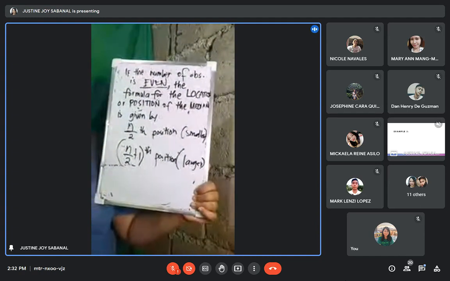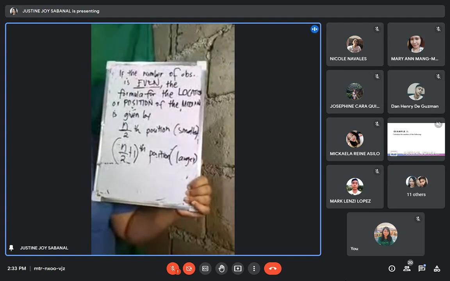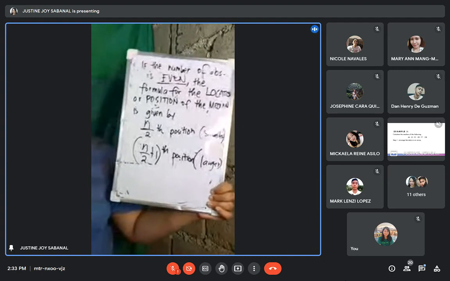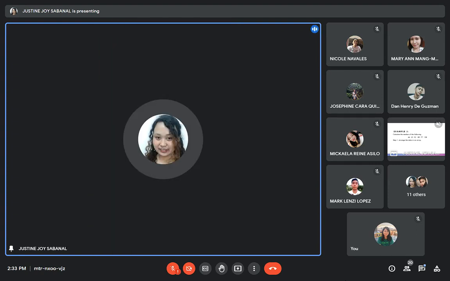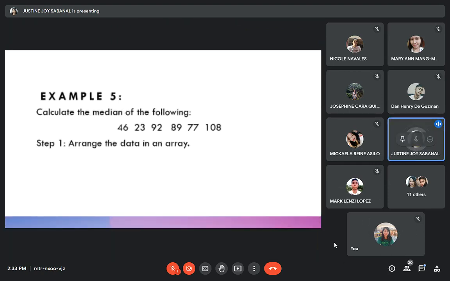Ngayon, dito sa ating example, we have here 46, 23, 92, 89, 77, and 108. Arrange muna natin yung data in an array. So, we have 23, 46, 77, 89, 92, and 108. Yung bilang ng ating data ay 6 lang.